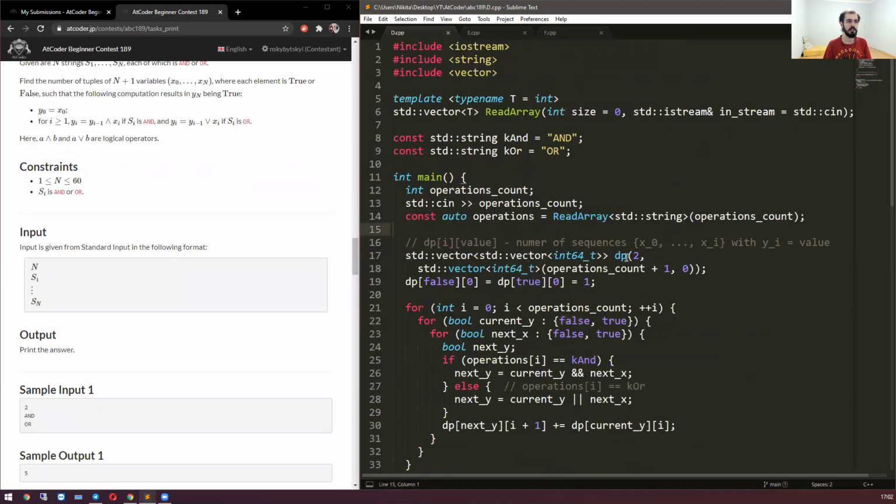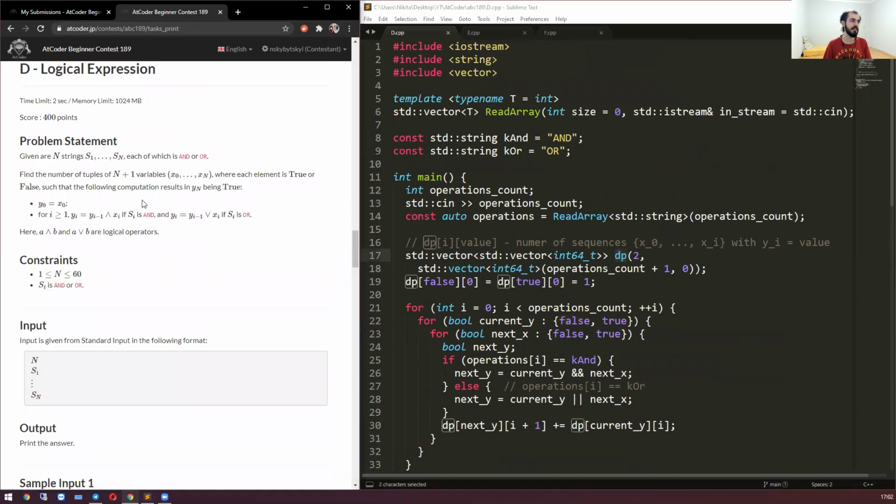So we have a dynamic programming. Basically, you want to count the number of sequences that satisfy some condition at the very end, and one sequence combines into another sequence via operations that you're given.